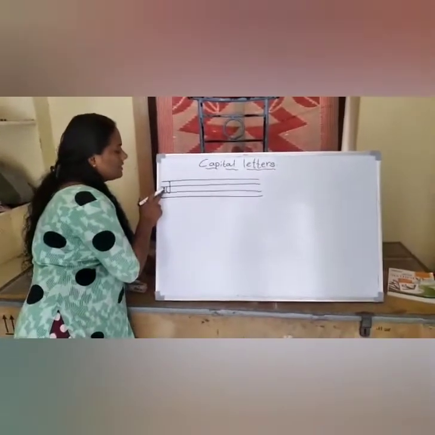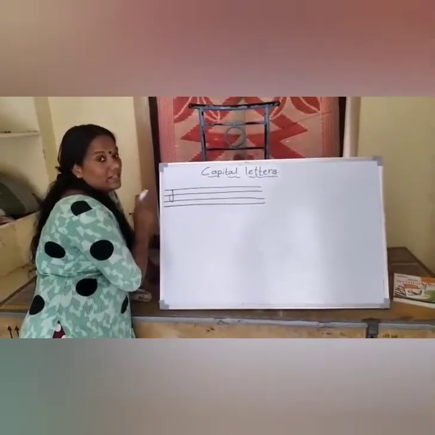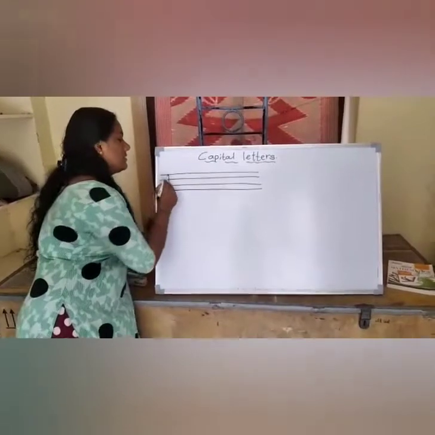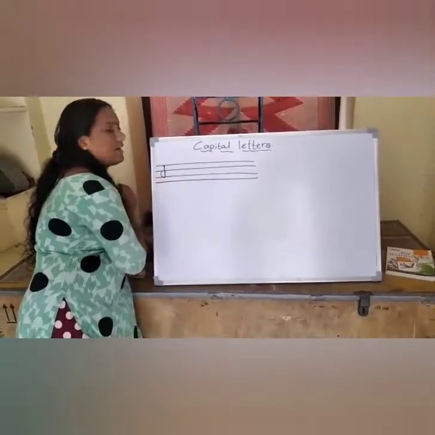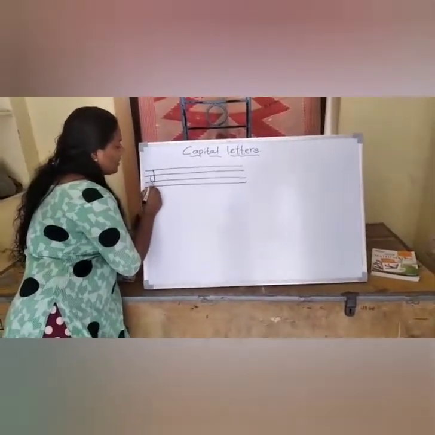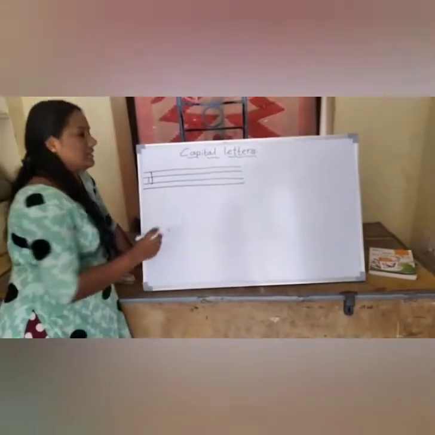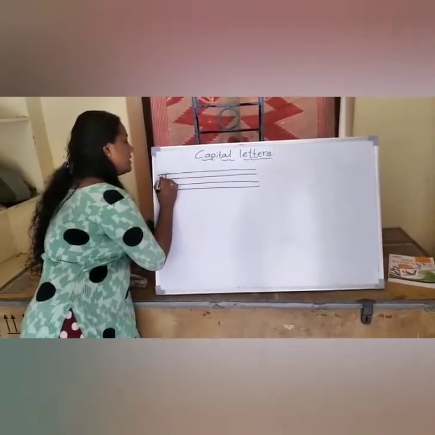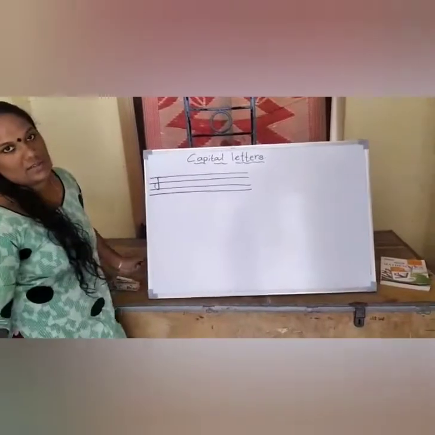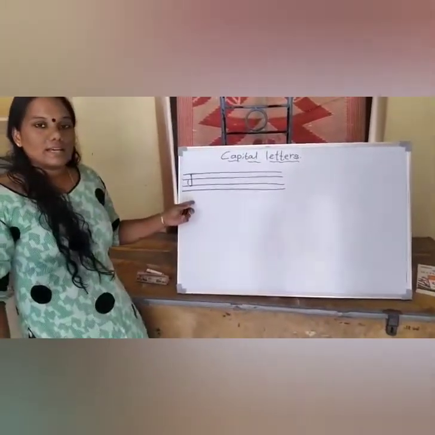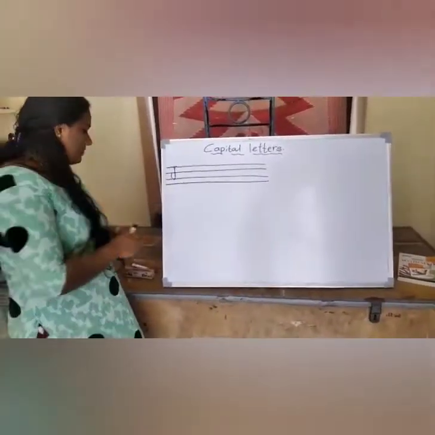What is it called? Curve. So up to down one line, from down to up one small curve. Then after that, up one small line. Okay. What is this? J.